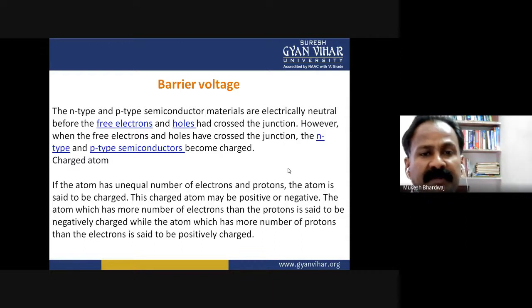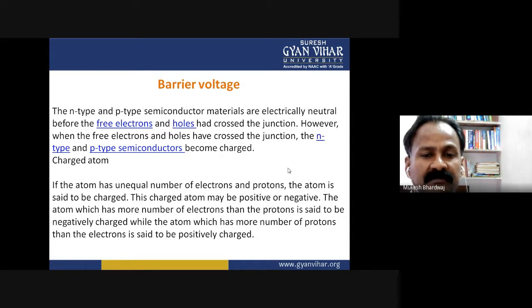The n-type and p-type semiconductor materials are electrically neutral before the free electrons and holes have crossed the junction. However, when the free electrons and holes have crossed the junction, the n-type and p-type semiconductors become charged. Charged atom: if the atom has an unequal number of electrons and protons, the atom is said to be charged.